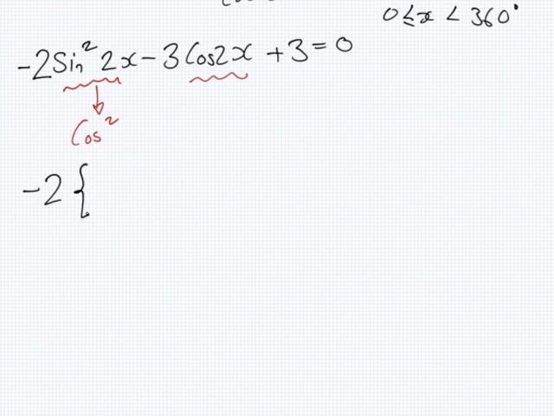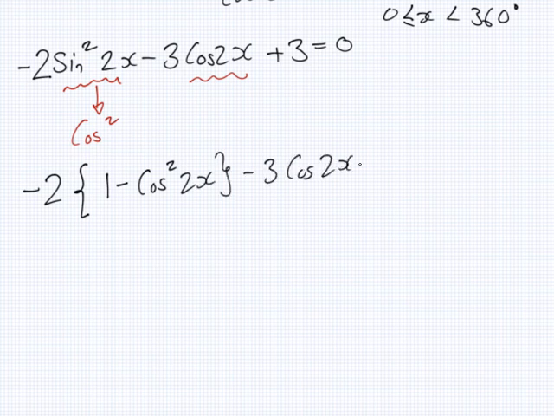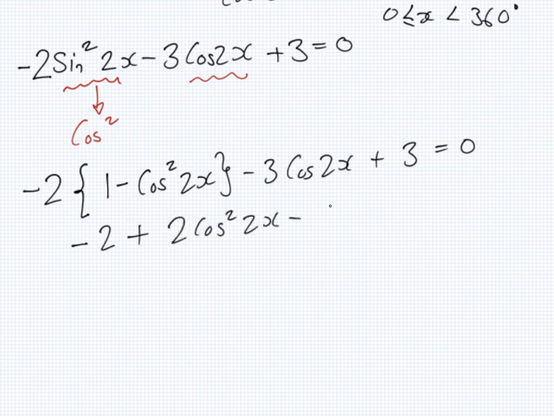Oh yeah. So sine squared, we can change that into 1 minus cos squared 2x minus 3 cos 2x plus 3 equals 0. Expand, we have minus 2 plus 2 cos squared 2x minus 3 cos 2x plus 3 equals 0.